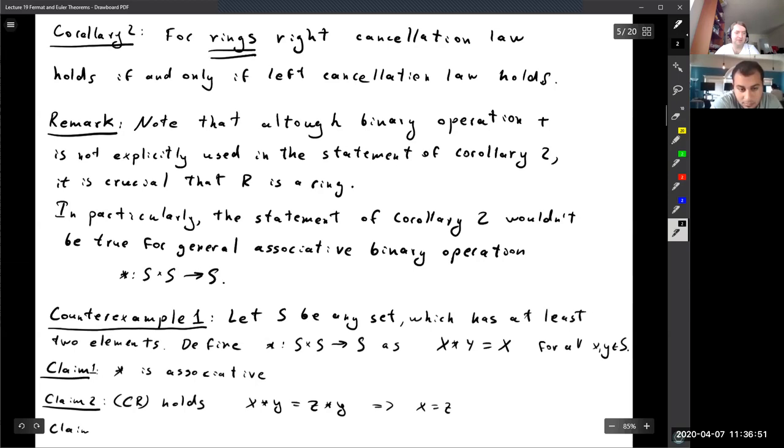And on the contrary, CL fails. Because if you have X star Y equals X star Z, this doesn't imply that Y equals Z in general.